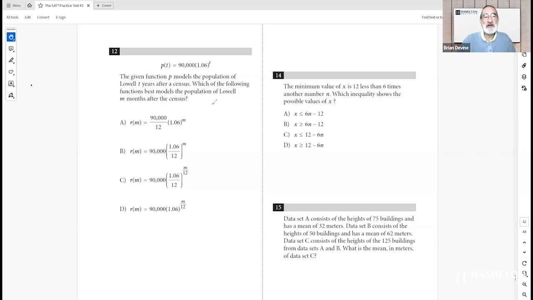Well, t is in years. So if I look at t in years, that's going to be the number of months divided by 12. 6 months is half a year, 12 months is 1 year. And so I can just replace t here with that, which is exactly what's happened in D, which is your answer.